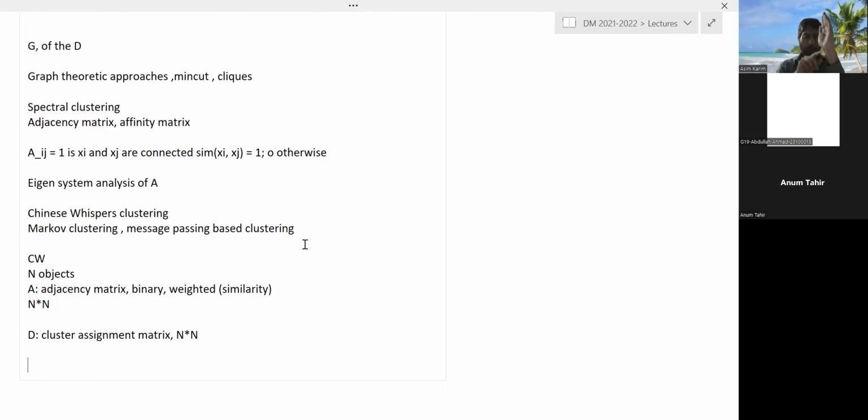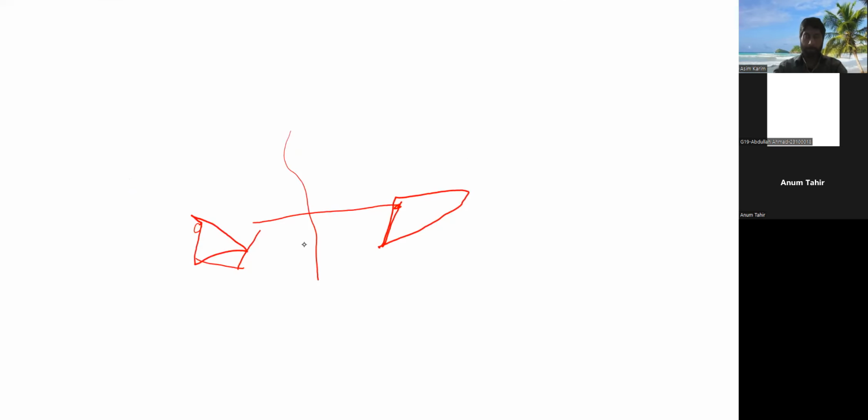So if you have a 1 there at some point, it means that the object whose row has the 1 will lie in that cluster. So this is the interpretation of this matrix. So if I want to draw this, let's say this is a column of this matrix.